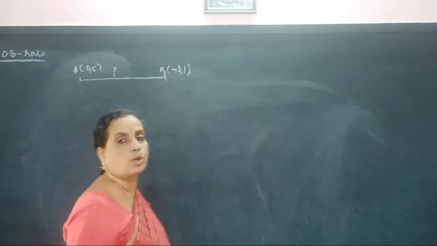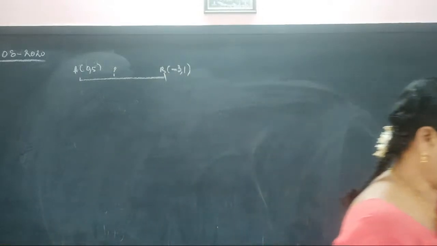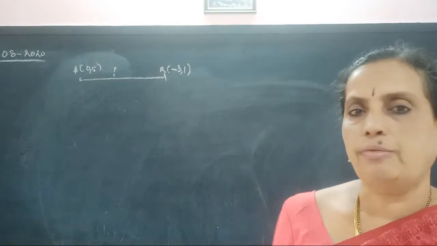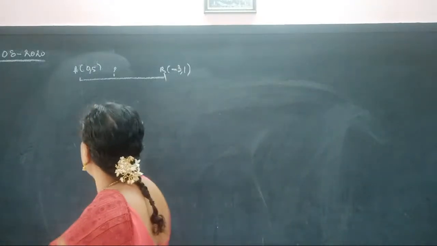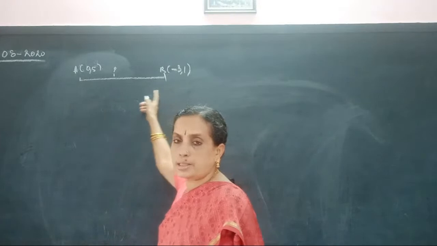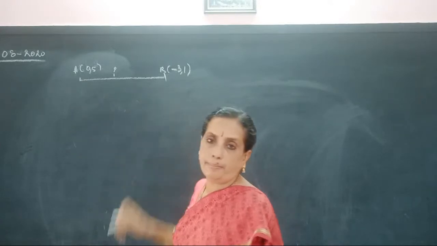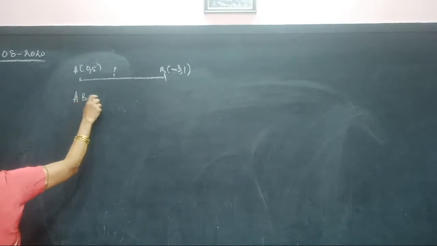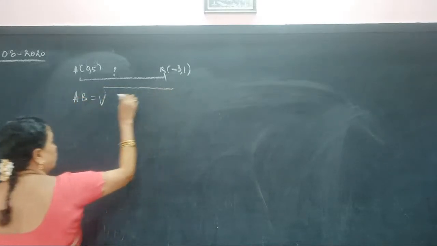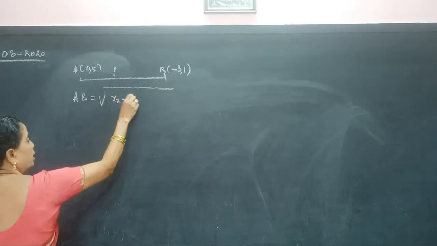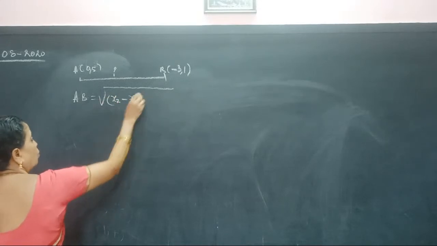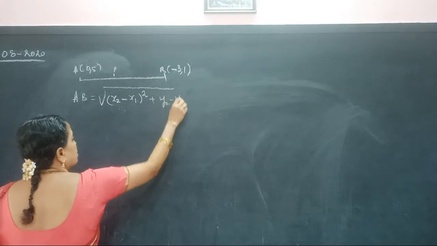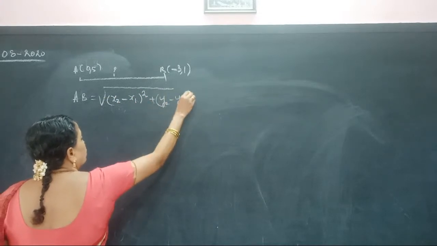Again, usage of the distance formula. I hope you all remember the distance formula. We have to find out the distance, or the length AB. So we use AB equals root of (x2 − x1) whole square plus (y2 − y1) whole square.